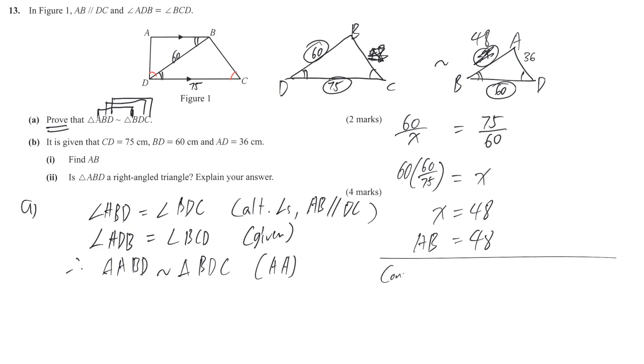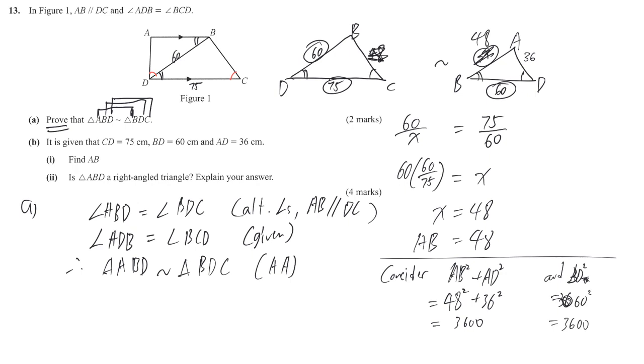So consider AB squared plus AD squared, the shorter lengths squared added together. We pretend that we don't know they are finally equal, and then we just calculate. And I get this one. And we know that BD squared, we also consider BD squared is given, 60 squared. Also gives us this one.